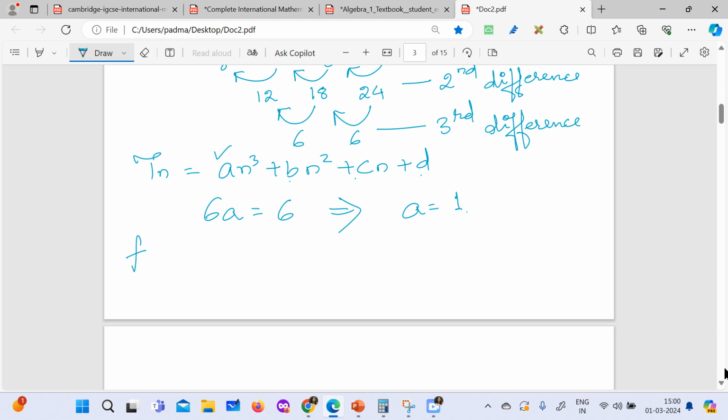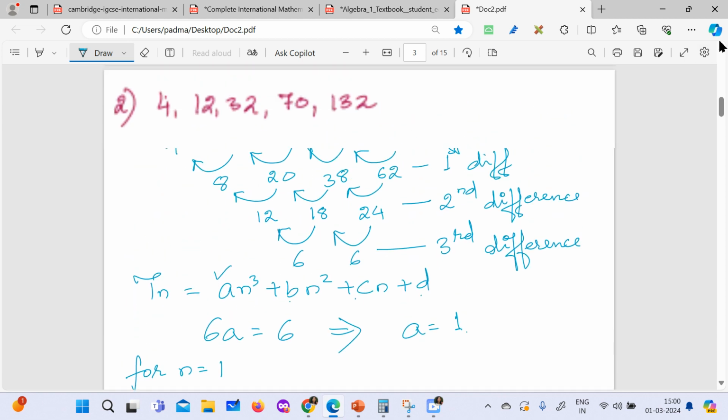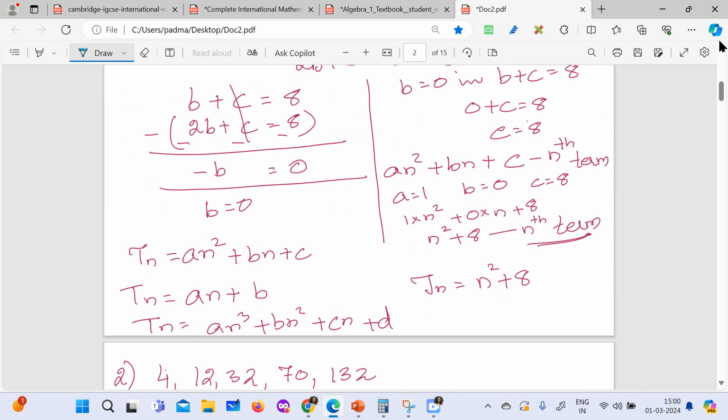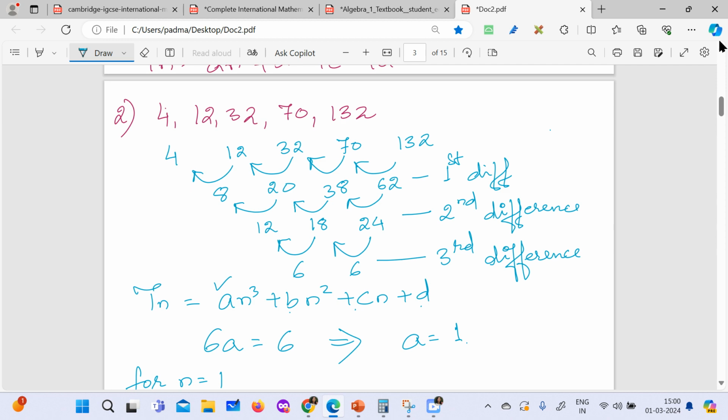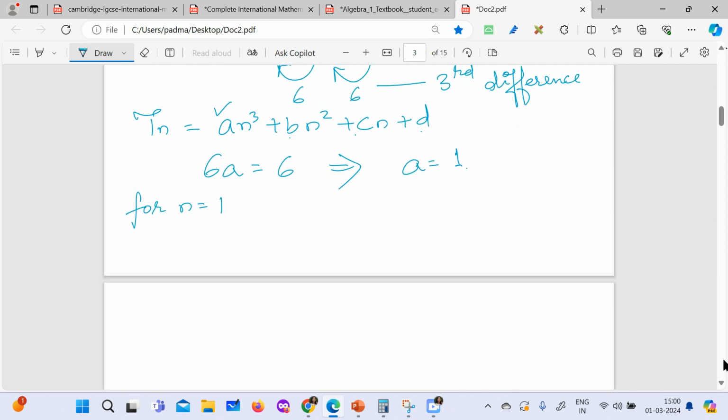Now for n equals 1, what is the first term here? N equal 1, that is 4. So our first term is 4. So a n cube plus b n square plus c n plus d is equal to 4. Now I will substitute the value of a and n in this equation.